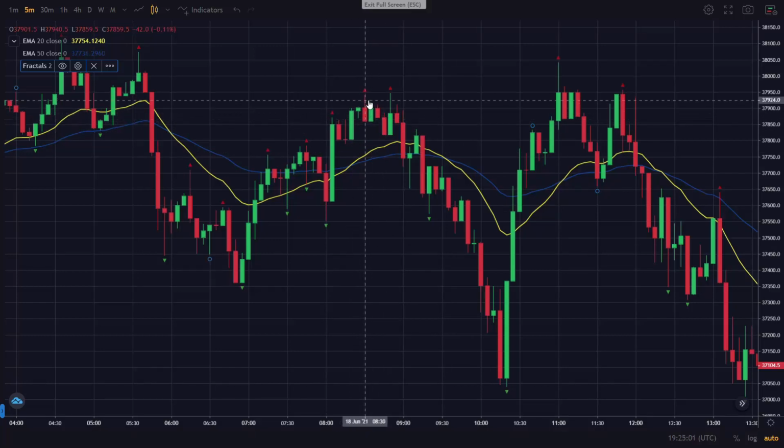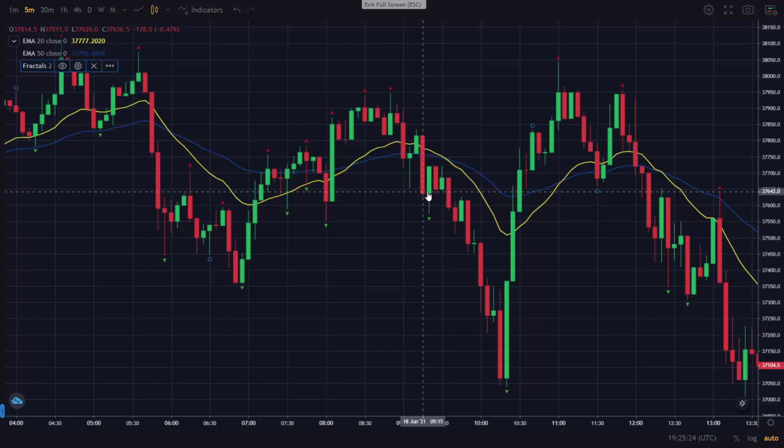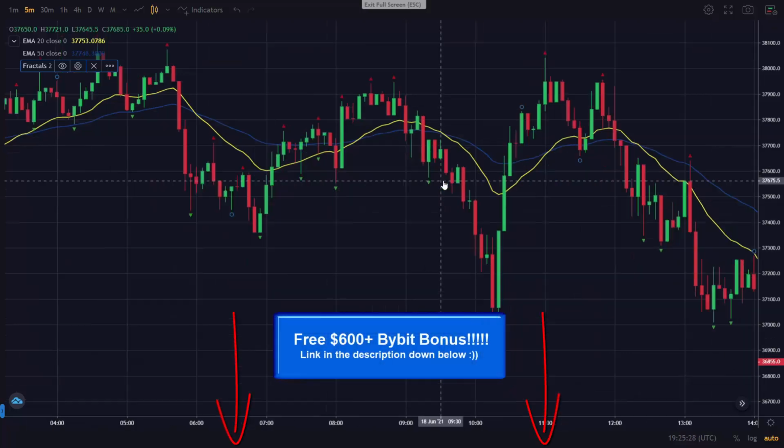So if we take an example of this candlestick here, we won't see this red arrow till this second candlestick closes. So 1, 2. When this second candlestick closes is when this will appear. And also for the bullish ones, once this second candlestick closes is when this will appear. So keep note of that as we now get into how to find our entry points for long and short positions.